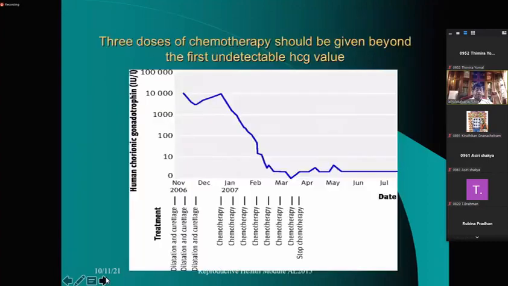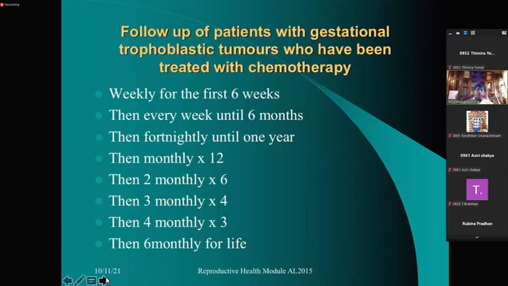And then, of course, you need to follow them up. You follow them up mainly with beta HCGs and clinical examination. Initially, you follow them up quite frequently, maybe weekly, and then subsequently about twice a month, then once a month, by measuring these beta HCG levels, by assessing their clinical history, and with ultrasound scans.